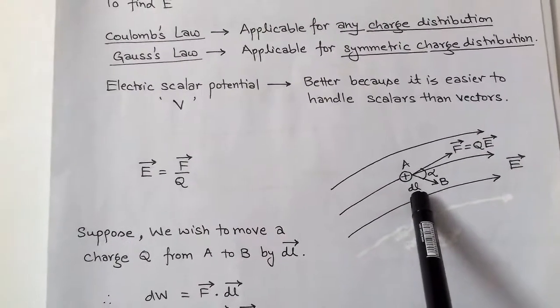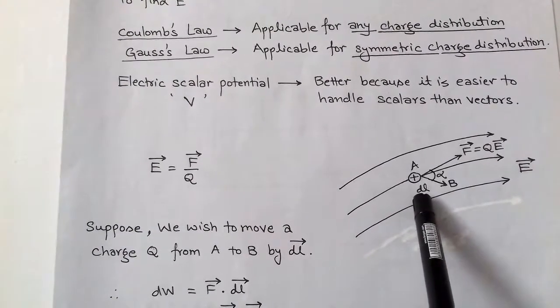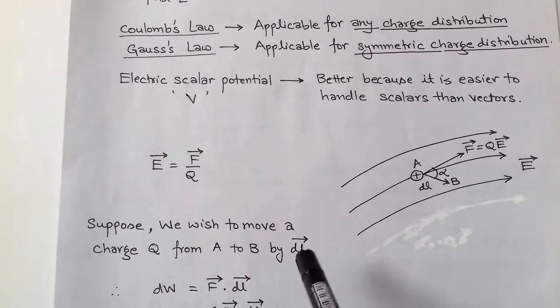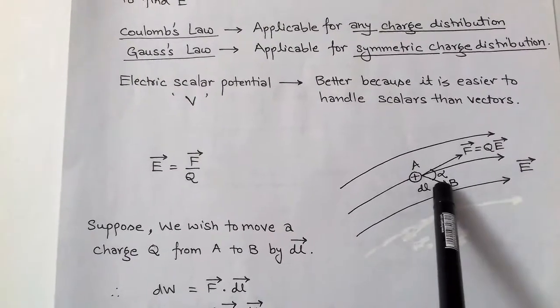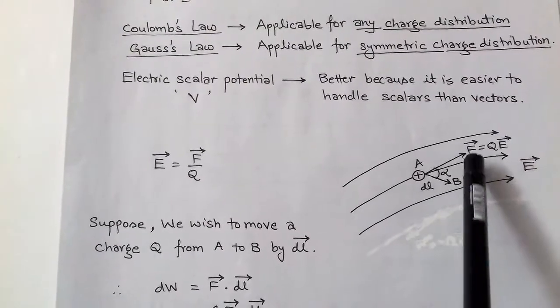dl. Now this small differential length dl, in terms of vector, the dl vector makes some angle alpha with respect to the force vector.